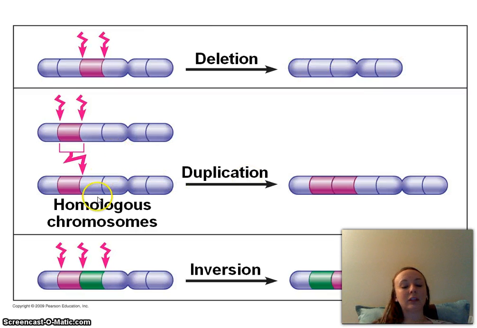Then with duplication, that piece of that chromosome duplicates, and you can tell that chromosome is longer, so you have more genetic information than what you really need. Inversion, that is when pieces of genetic information inside the same chromosome are flip-flopped. So you can tell by the colors here that those have reversed.